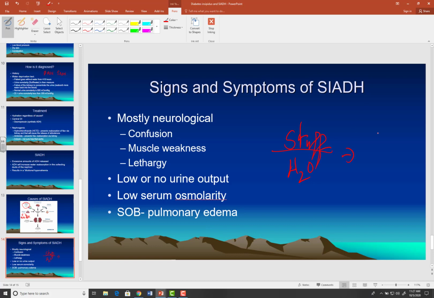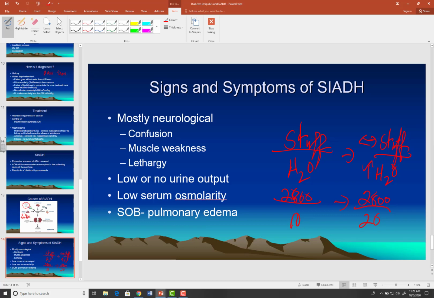So if you keep the stuff the same and you add more pure water, that's going to decrease the osmolarity. Let's do this, right? 2,800 divided by 10. Keep the stuff the same, increase the water. So 2,800 divided by 20. The osmolarity goes down.